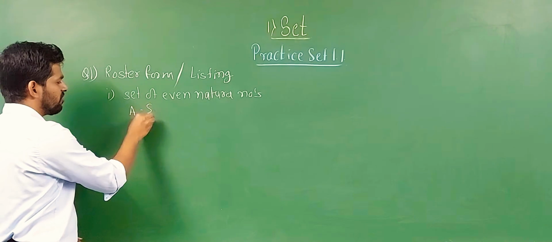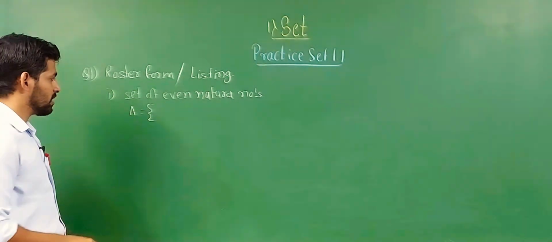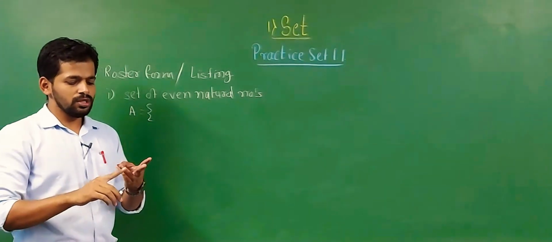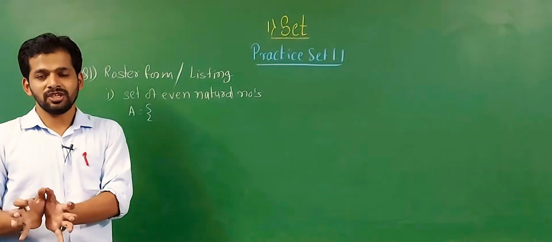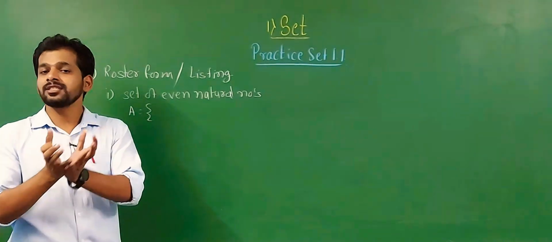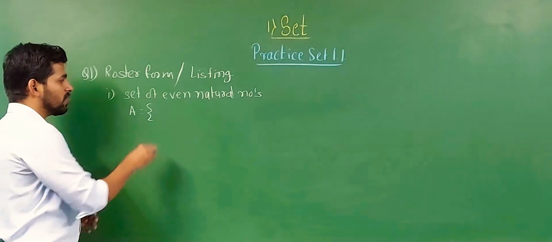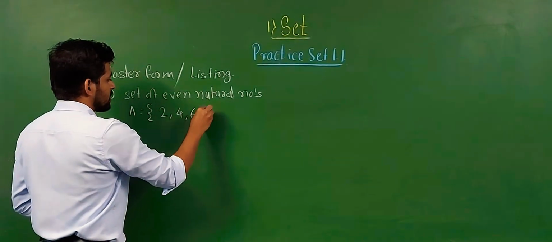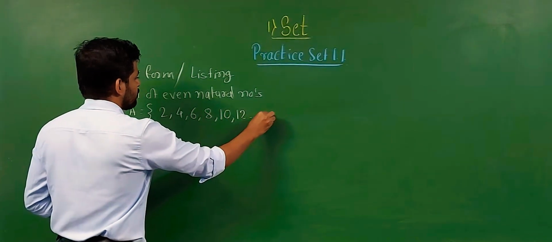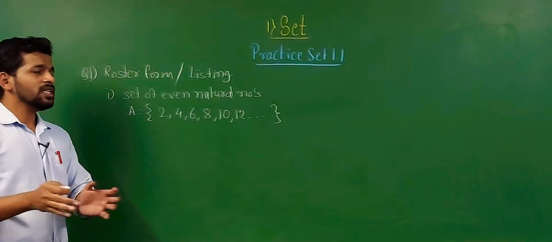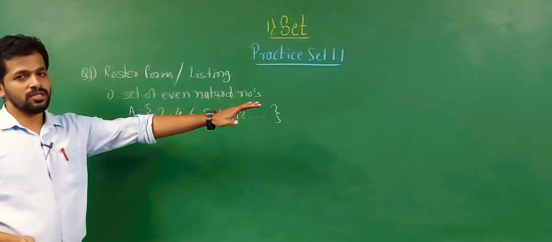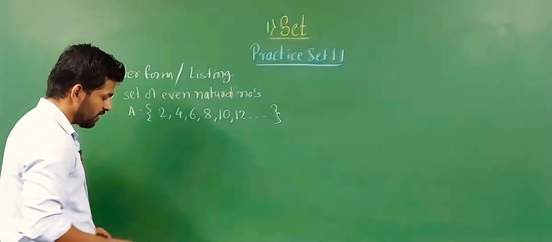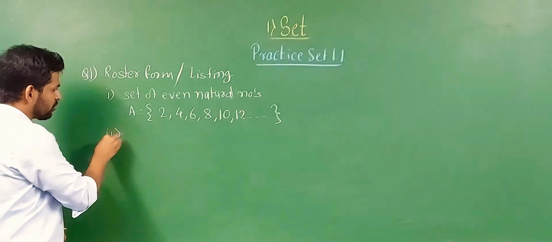First we take a name, any of A, B, C, D up to Z. Natural numbers are 1, 2, 3, 4, 5 up to infinity, but in that natural set there are some even numbers and some odd numbers, so we write only the even numbers. Even numbers start from 2, 4, 6, 8, 10, 12 up to infinity, because no condition is given. So the set of even natural numbers is 2, 4, 6, 8, 10, 12 up to infinity.